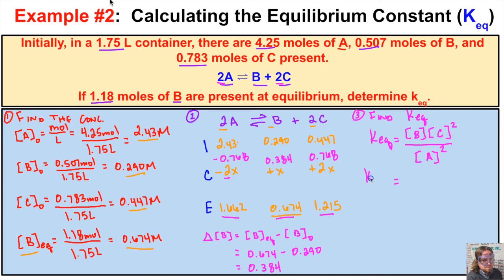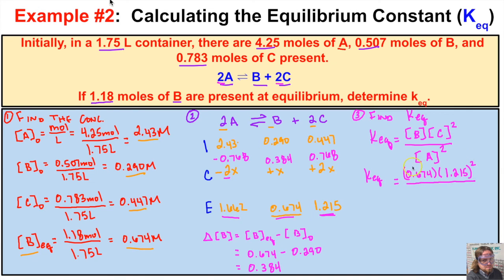So now we know the equilibrium concentration of B. We just figured that out. The equilibrium concentration of B is 0.674. We know the equilibrium concentration of C. It's right here. It's 1.215. But we're going to square that.